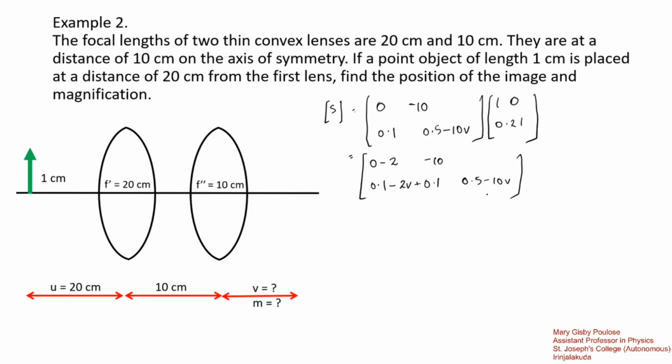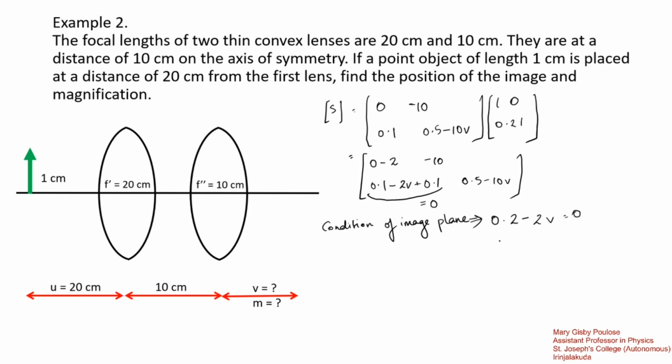Okay. From the condition of the image plane, we have this term to be equal to 0. So from the condition of image plane, 0.2 minus 2v is equal to 0.